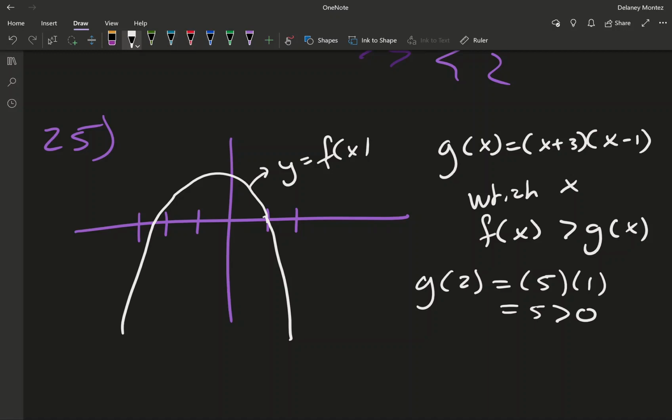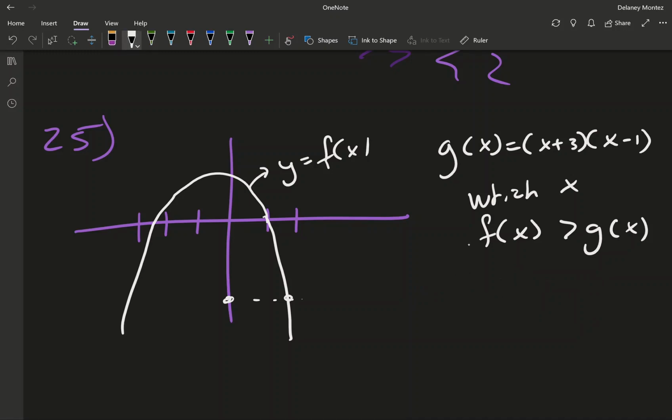But look at f of x. When x equals 2, f of x is way negative. This value here is negative, so 2 can't be right. So D's knocked out.